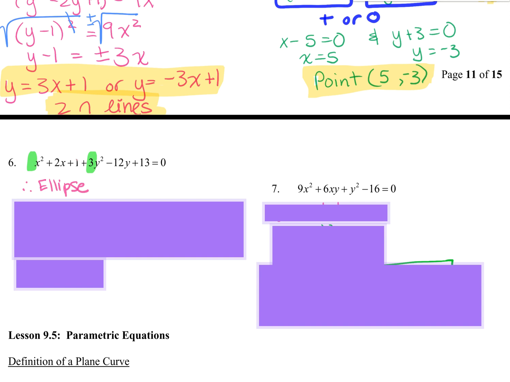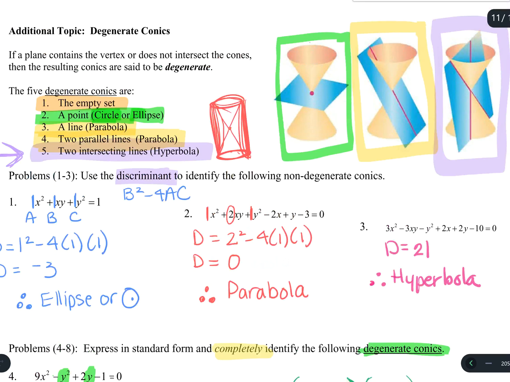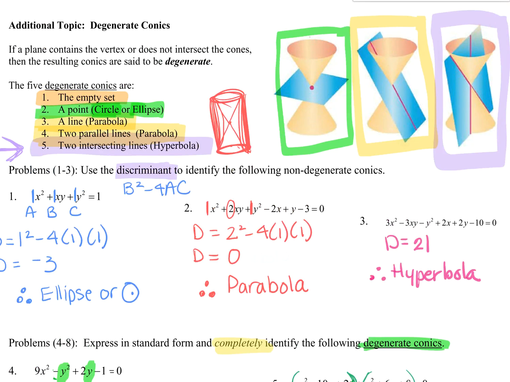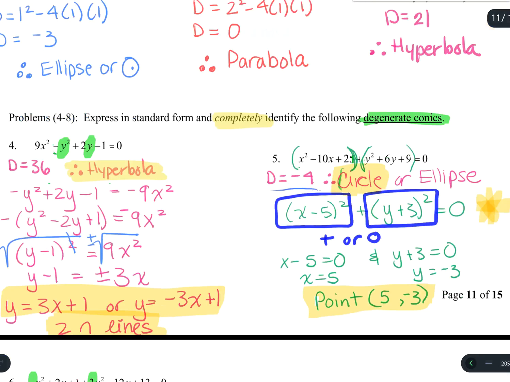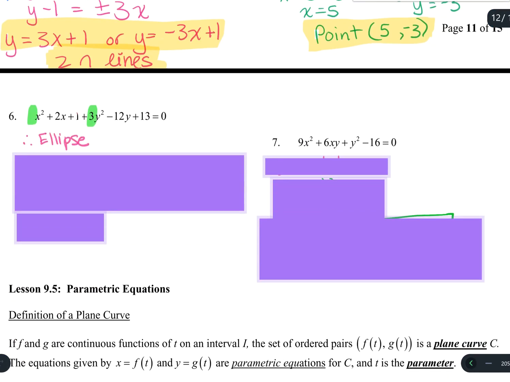Since it's an ellipse, going back up to the top here, I know that a degenerate ellipse is going to be a point. So I'm looking for a point. Again, I want to find any value that's going to give me the point to make the solution work. I'm going to group my x's and group my y's, grouping my x's here and my y's there.